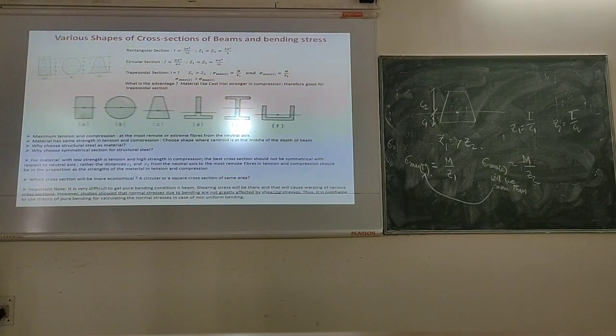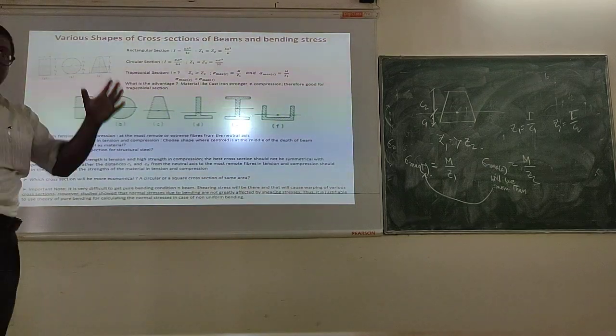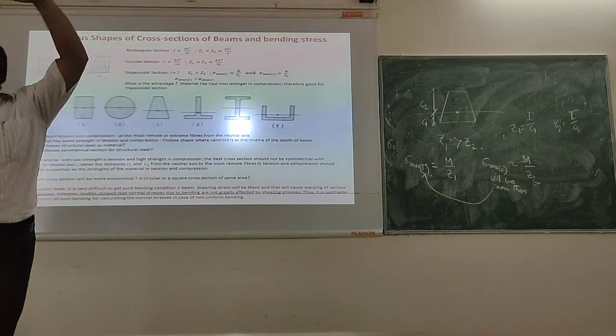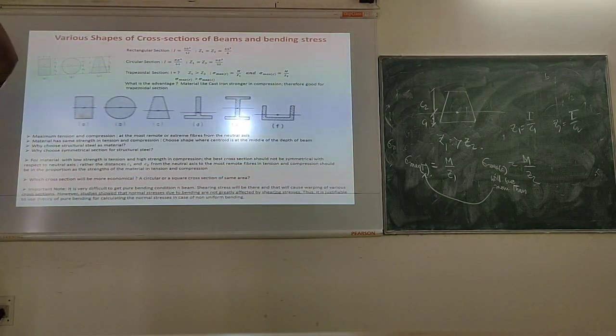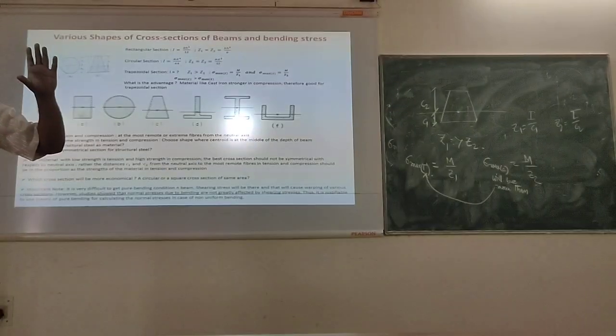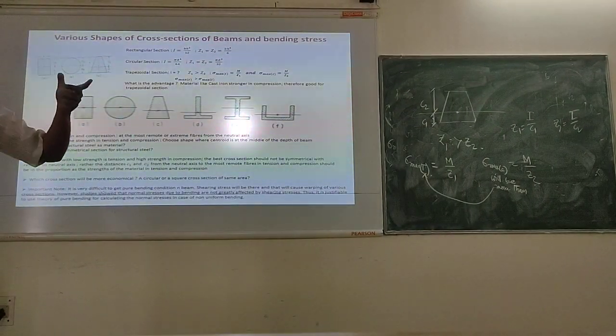So in a cast iron section, if you want to use a rectangular section, you may have to increase a huge amount of depth at the bottom. However, if you use a trapezoidal section for cast iron, then you can use the full advantage of the material property.